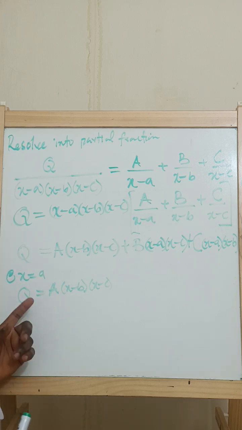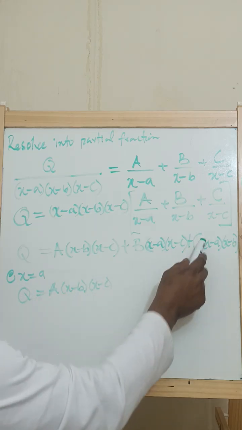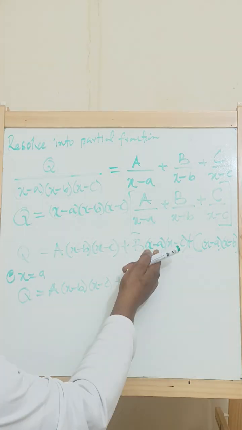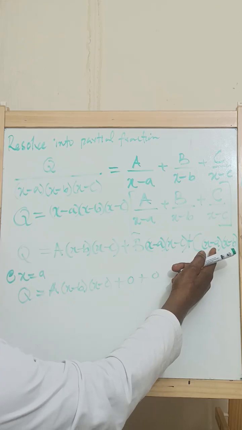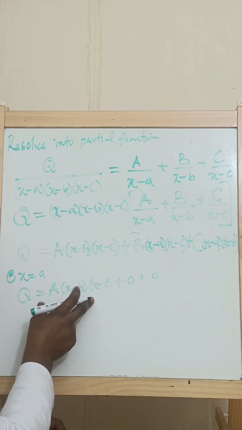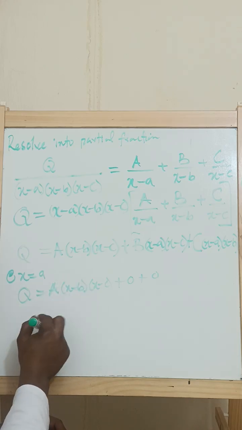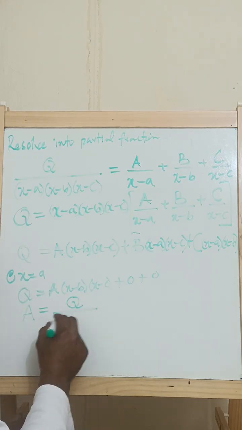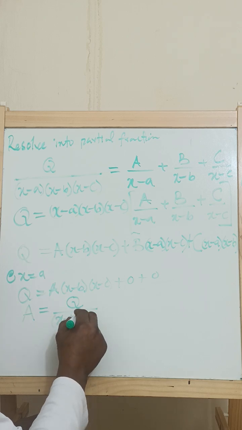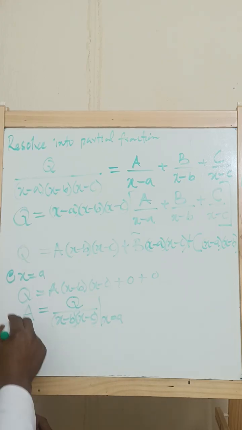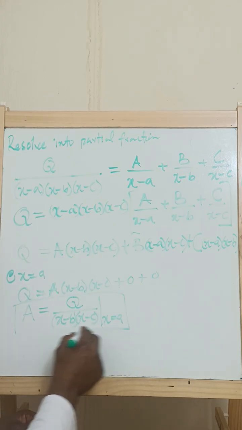The other terms become 0, so only this term will be left. So A can now easily be found from here. Big A will be Q over x minus b, x minus c, when x is equal to a. This is the formula we are going to use to get A.